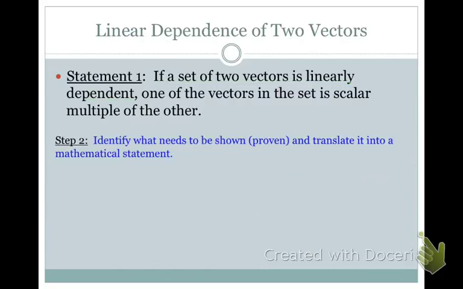So let's move on to the next step of the proof. It says identify what needs to be proven and translate it into a mathematical statement. What needs to be proven is shown in the second part of the statement, which is one of the vectors in the set is a scalar multiple of the other.